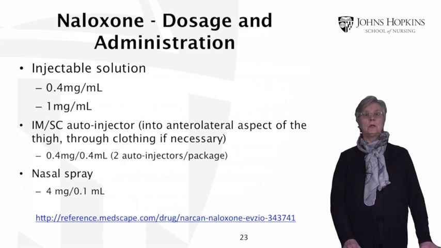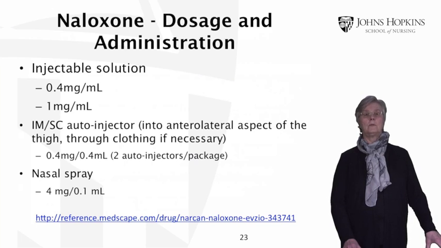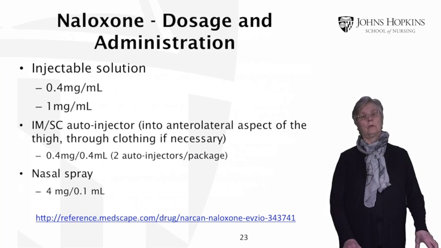Naloxone comes in different solutions. In the injectable solution, it's 0.4 milligrams per milliliter or 1 milligram per milliliter. The auto-injector is administered into the anterolateral aspect of the thigh, and it can be injected through clothing if necessary. This is 0.4 milligrams in 0.4 milliliters, and it's typically packaged with 2 auto-injectors.